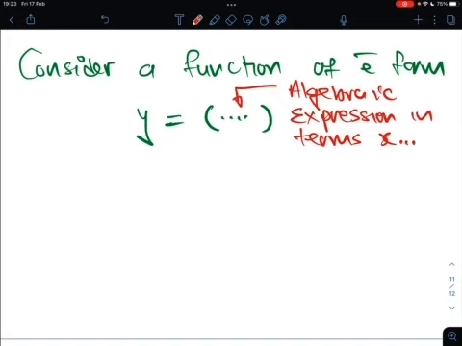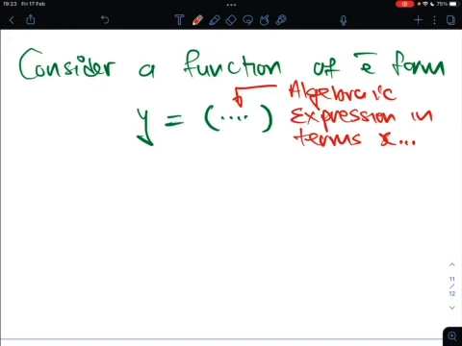So let's consider a function which takes this kind of structure, where y is made the subject, and on the other side we have an algebraic expression mostly dependent on x. It doesn't necessarily have to be x. It can be any other variable which is the independent variable in that particular situation.